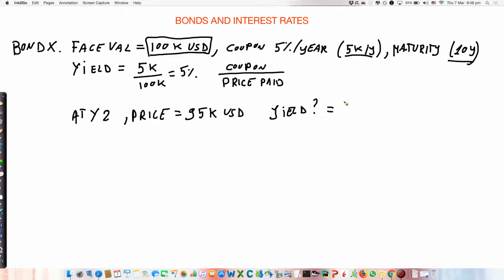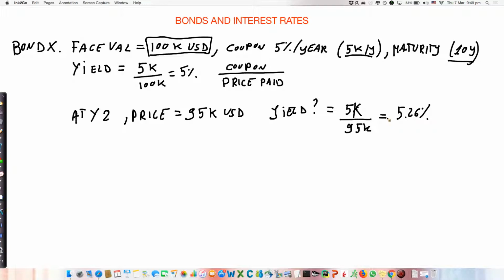That's important. We still get 5% of the face value, that is 5k. But this time we are getting 5k and we are paying 95k. So what we get, if you do the computation, should be something around 5.26%.